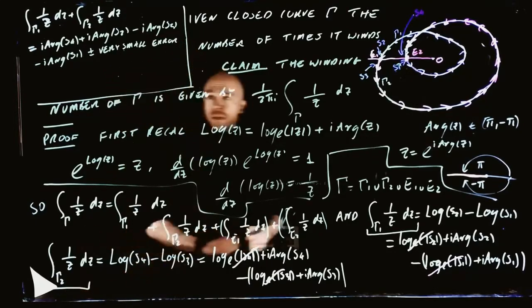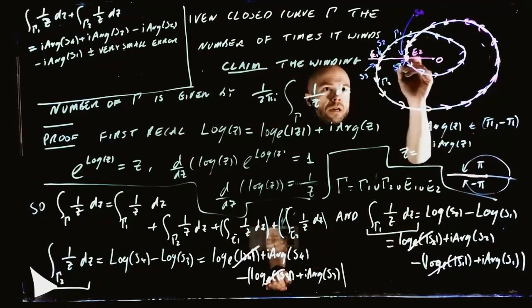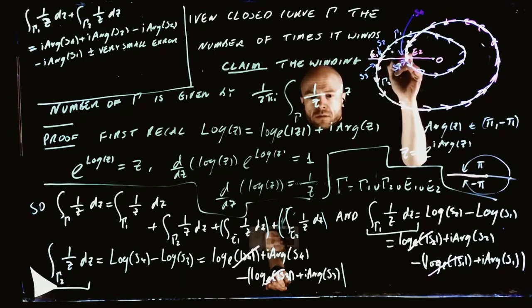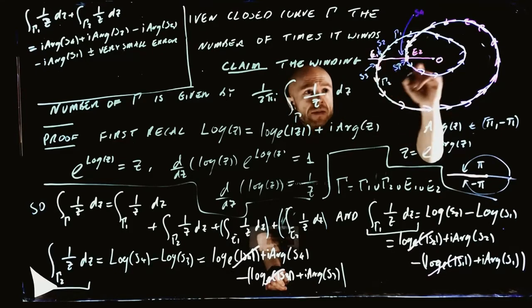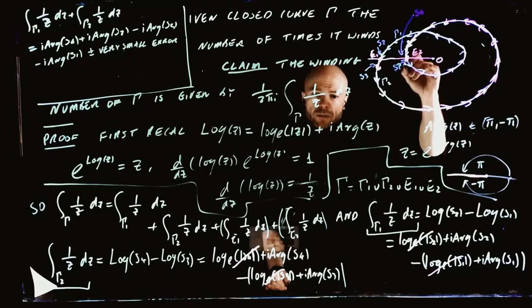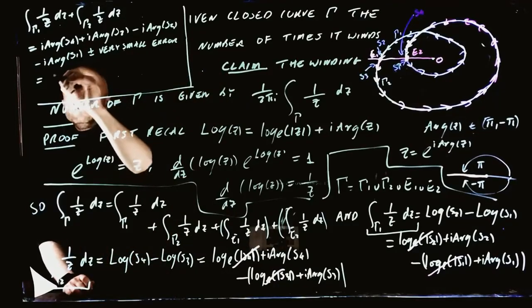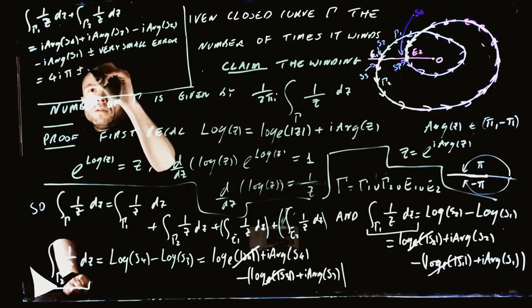Okay, but if we look at what these arguments are: the argument of S4 is very close to pi. The argument of S2 is very close to pi. The argument of S3, going around this way, is very close to minus pi, and the argument of S1, going around this way, is very close to minus pi. So this thing is equal to 4i times pi plus or minus a very small error.